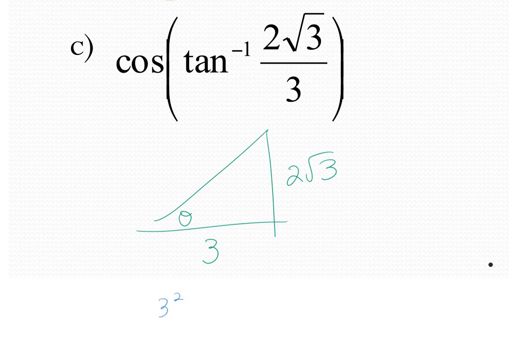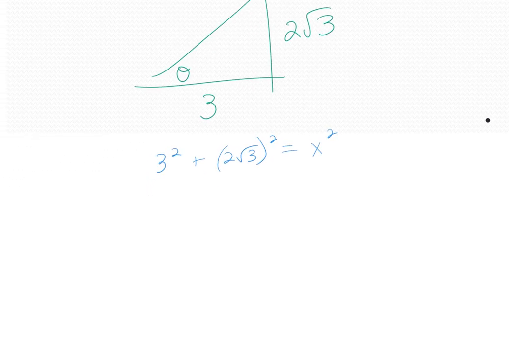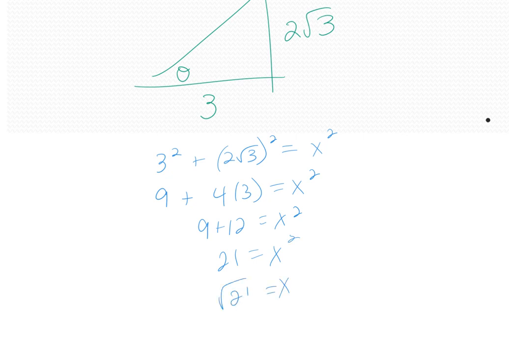3 squared plus 2√3 squared equals my hypotenuse squared. So I get 9 plus 4 times 3 equals x squared. 9 plus 12 is 21. And x equals the square root of 21.